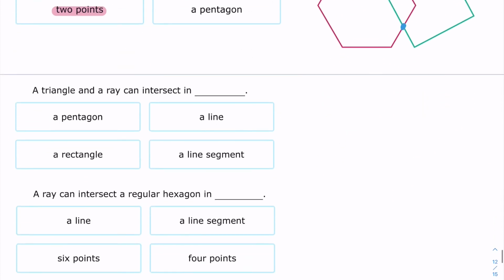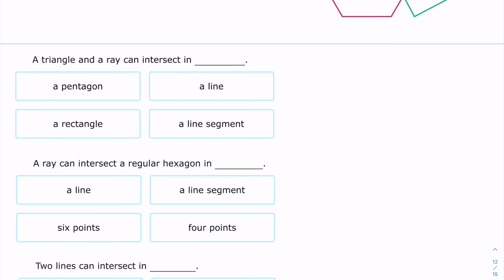All right, a triangle and a ray can intersect where? So I'm going to draw a triangle, and I now have a ray. And where can this intersect? It can intersect at a couple of points, maybe just 1 point. I don't see any of those.